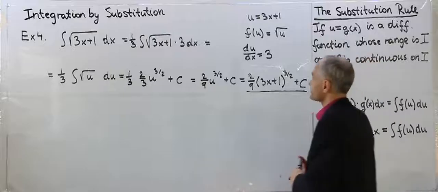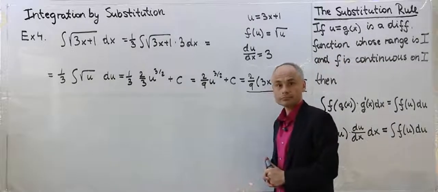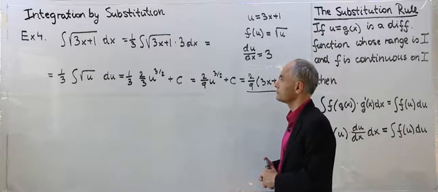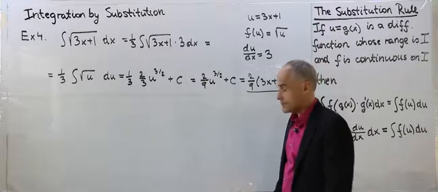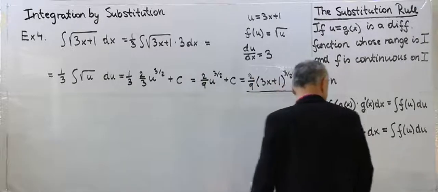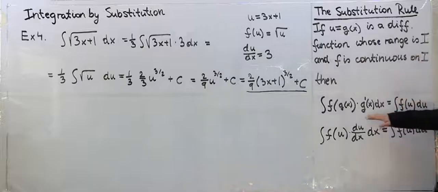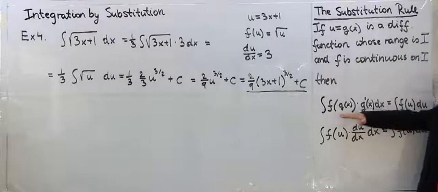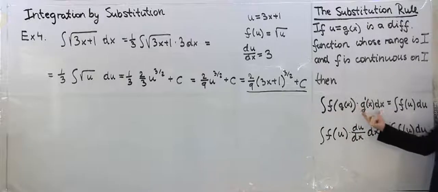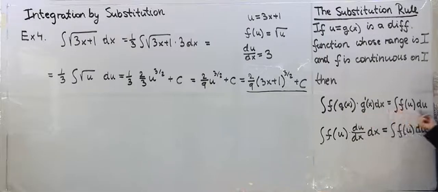Any questions? Notice that, if you compare the left-hand side and the right-hand side, the substitution rule states that formally you can replace the derivative of g times dx with just du.